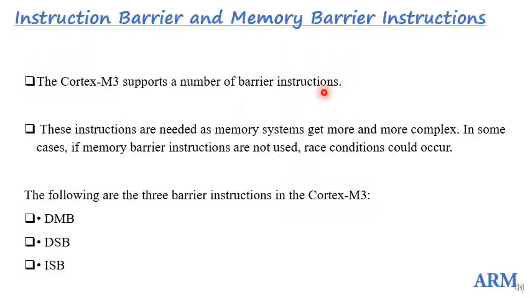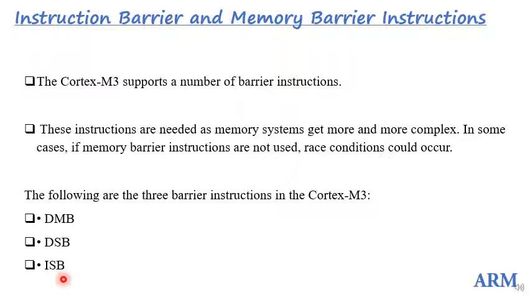We'll be looking at 3 barrier instructions: 2 of them are memory barrier instructions, that is DMB and DSB. DMB stands for data memory barrier and DSB stands for data synchronization barrier, and the other one is the instruction barrier instruction, that is ISB. ISB stands for instruction synchronization barrier.